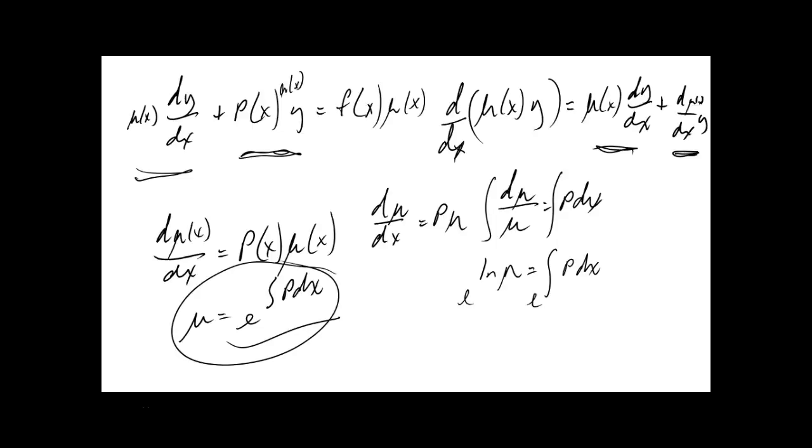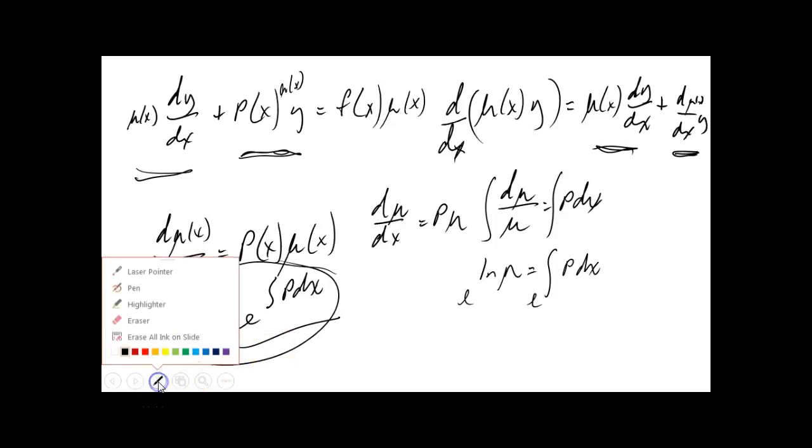Once you have that integrating factor, that mu, which is e to the integral of that, multiply both sides of the equation by that integrating factor. As soon as you do that, you have a perfect derivative on one side, and you have this result on the other side. Then you integrate both sides. So, a lot of blah, blah, blah. Let's go back and do that.